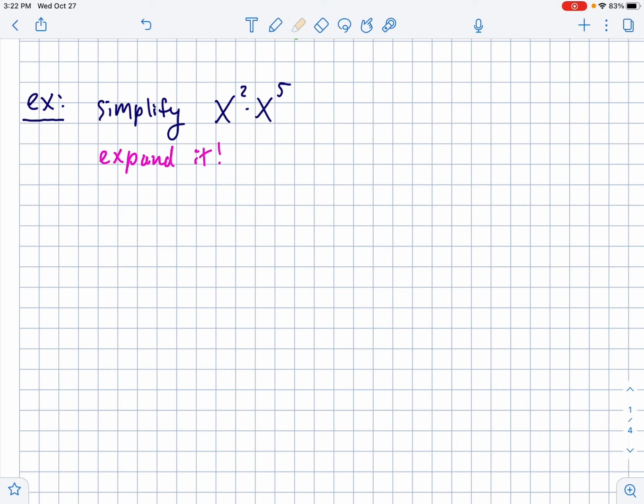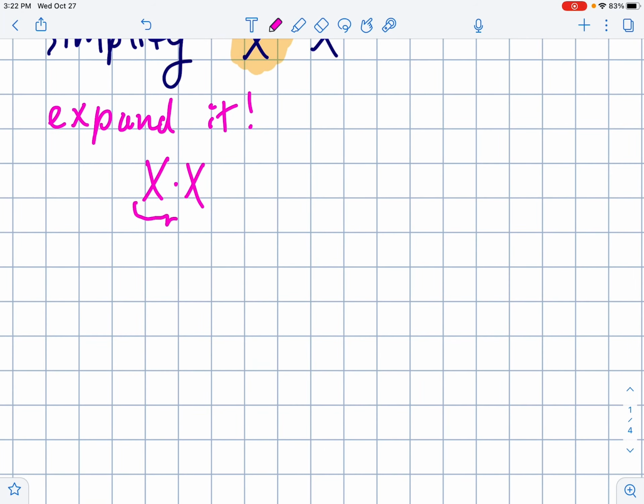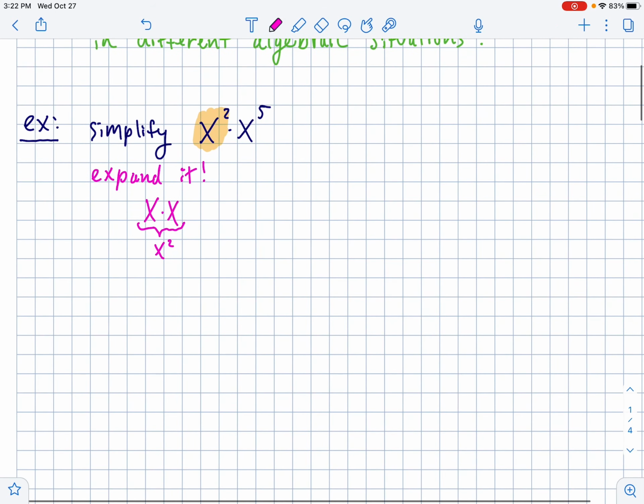So, x squared is the same thing as x times x. This part right here is x squared. Remember that if you square something, you're just multiplying it by itself. If you raise something to the fifth power, you're telling it to multiply it by itself 5 times.